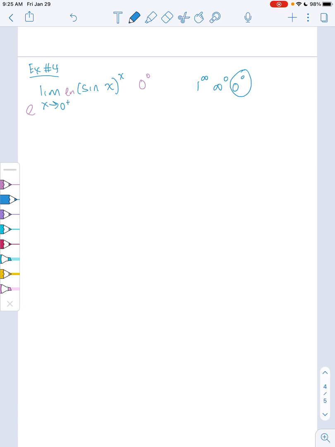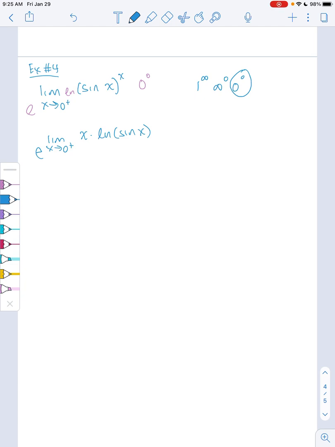So I can bring the x down, and I have e to the limit as x approaches 0 from the right of x times ln of sine of x. Well, the ultimate goal is to rewrite this so that it's either 0 over 0 or infinity over infinity. Let's do the plug-in so that we can see what we have.